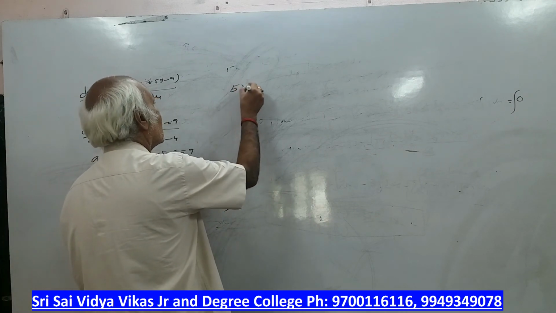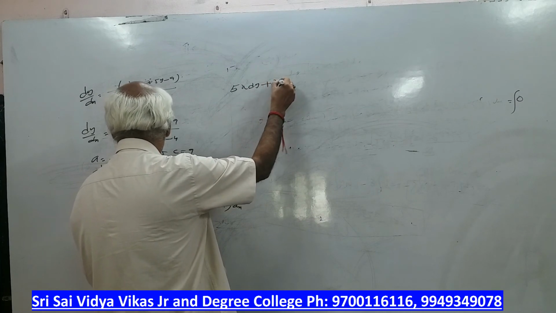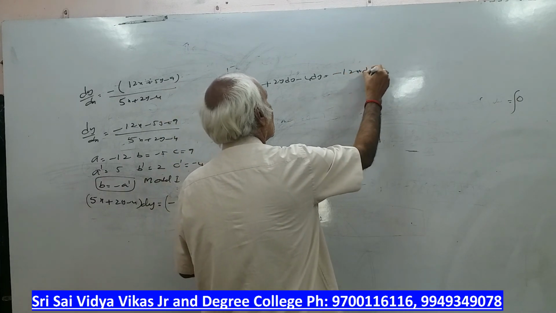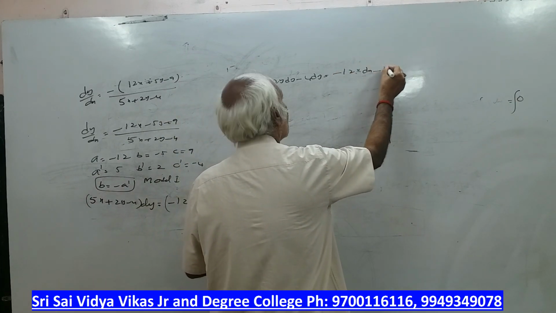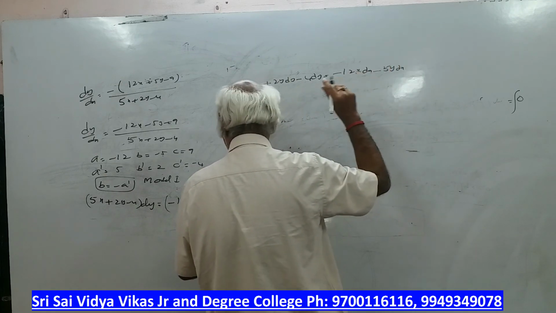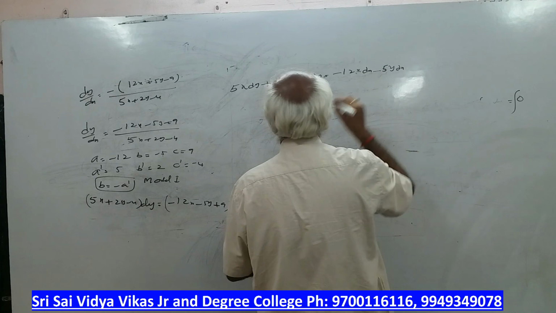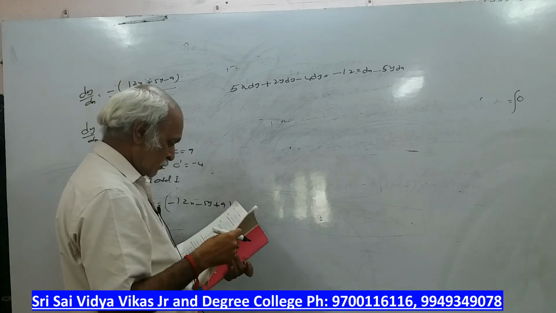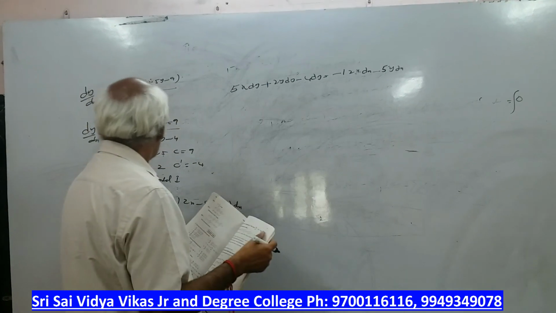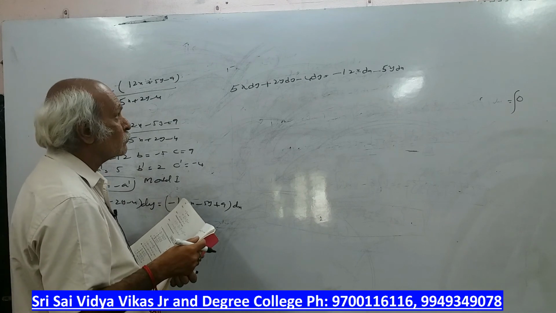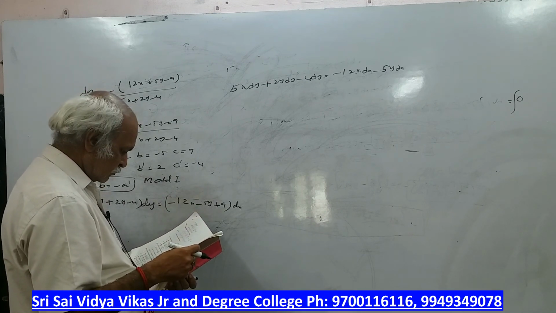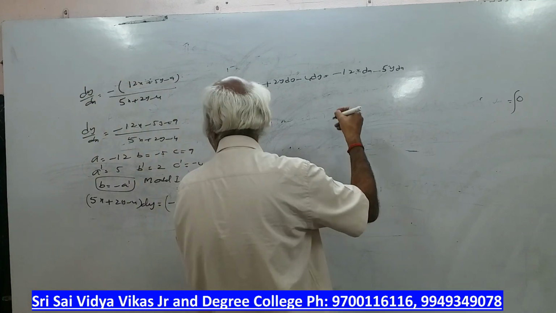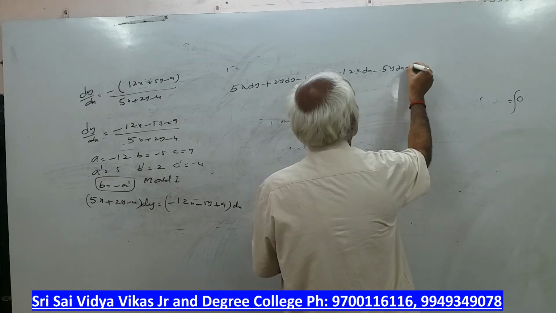Open the bracket. 5x dy plus 2y dy minus 4 dy is equal to minus 12x dx minus 5y dx plus 9 dx.